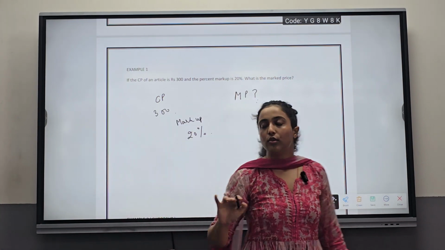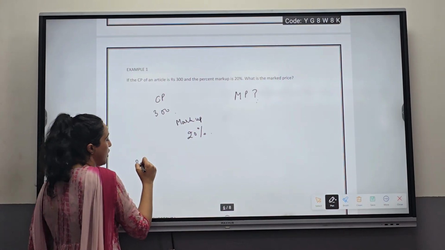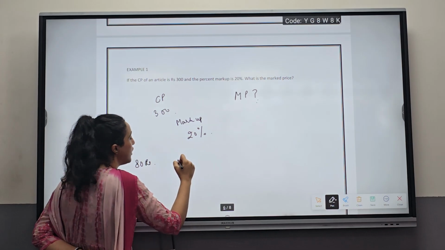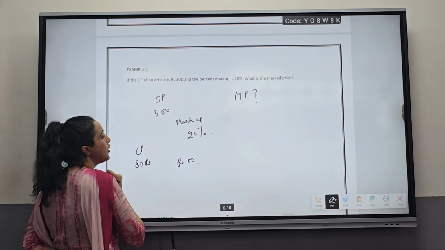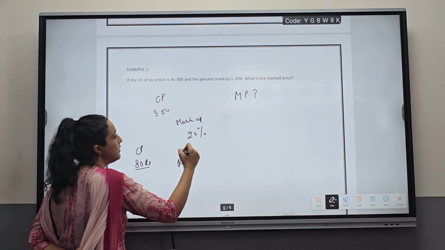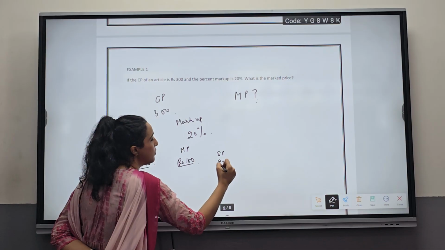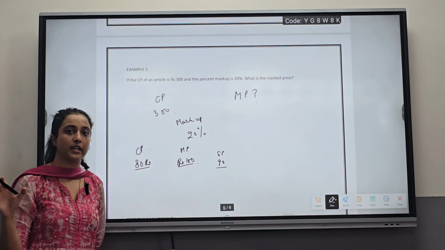So again, let's take our earlier example, where the notebook was for rupees 80. You said the marked price was 100. Okay, so the cost price for you was 80 rupees, the marked price was 100, and then you said the selling price is rupees 90. Right? These were the three prices in your transaction.